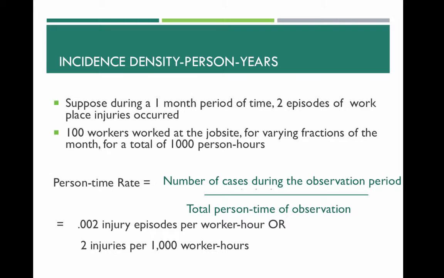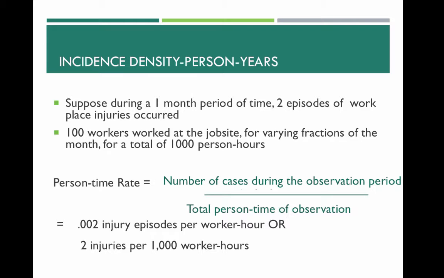So let's go through another example. Let's say we were interested in calculating the rate of injuries at a work site in a given month. So you can imagine that some workers might be employed full-time and others only part-time. So rather than count each individual equally, what we do is we count the total amount of time that each person worked, and then we total this for all employees.